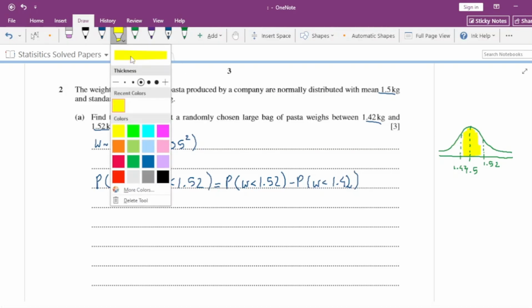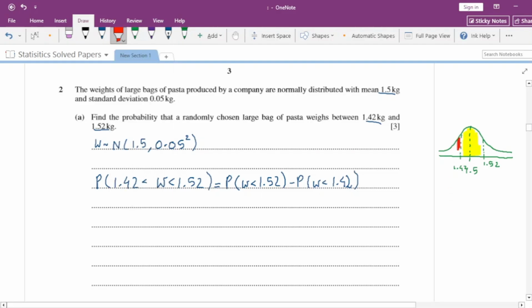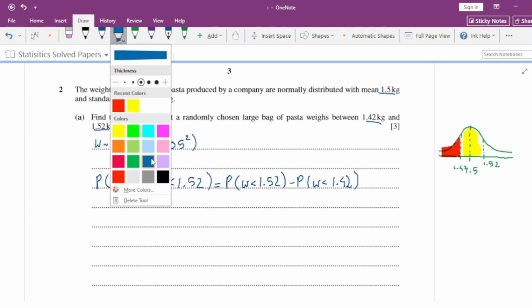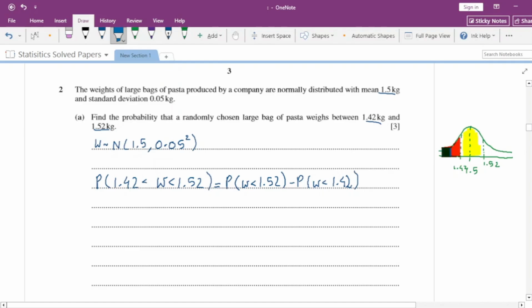Well, we can achieve that by first of all calculating this area over here, which is denoted by probability of W being lesser than 1.42, and then we can separately calculate this area. So I'm just going to overline this whole area of W being lesser than 1.52.